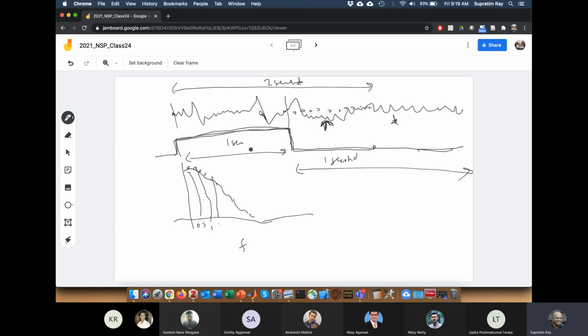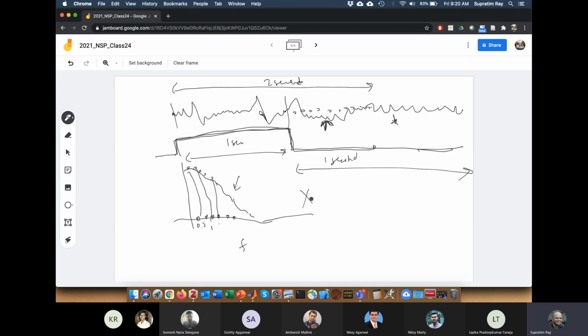So this function has a Fourier transform and you are convolving the true spectrum with that to get the final spectrum that you see. So even if you have more points, doesn't mean that you are improving the frequency resolution.